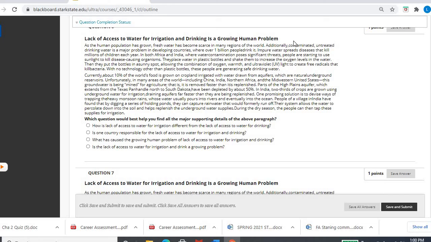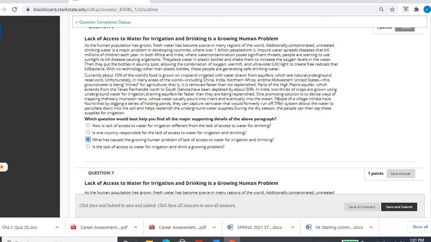Like, why is this a problem? So if we look at our choices here, using our title and knowing what the paragraphs are talking about, to me, the question, what has caused the growing human problem of lack of access to water for irrigation and drinking, that is a good question to ask based on the title.